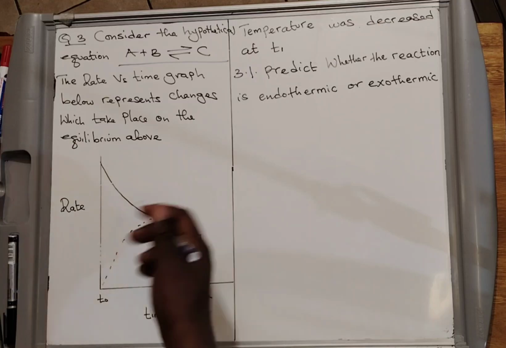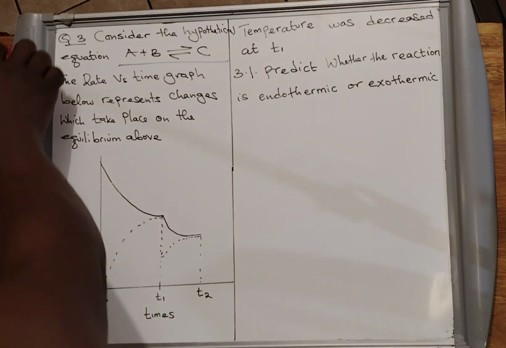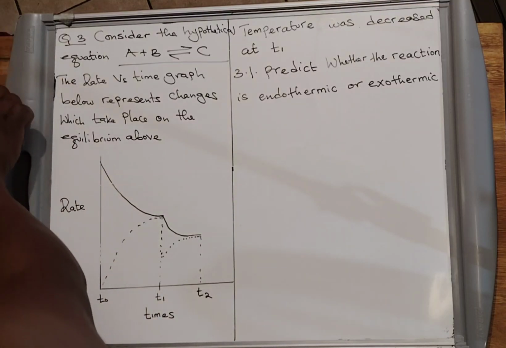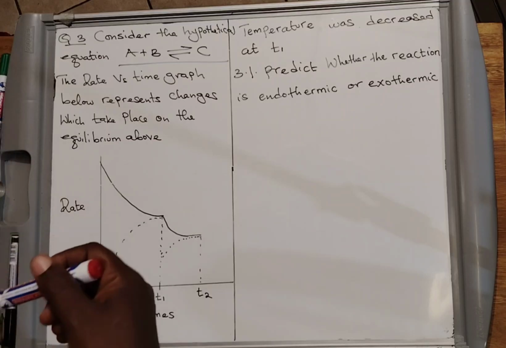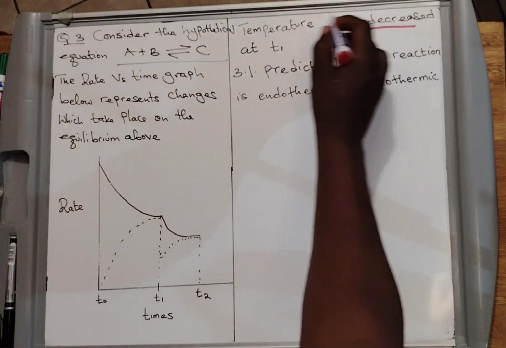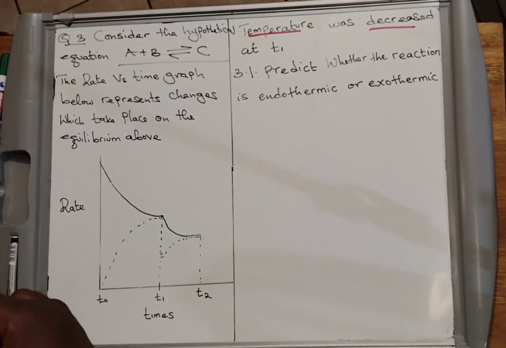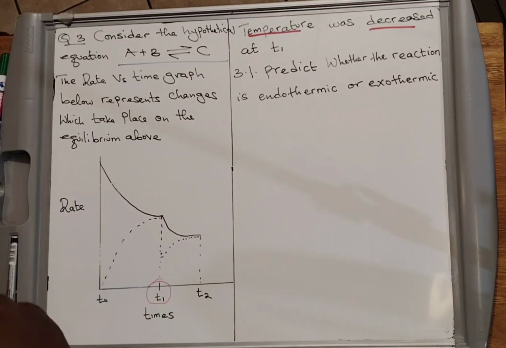This is the graph we are having, and something comes up. They say that temperature was decreased at T1. So this happens to be our T1.